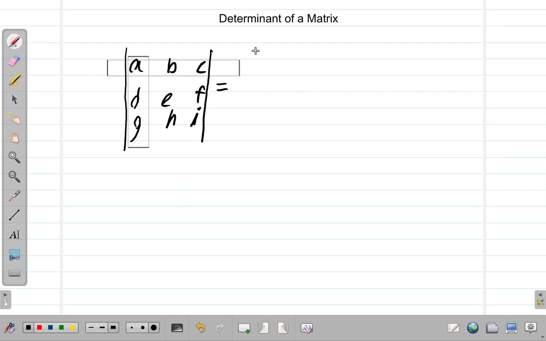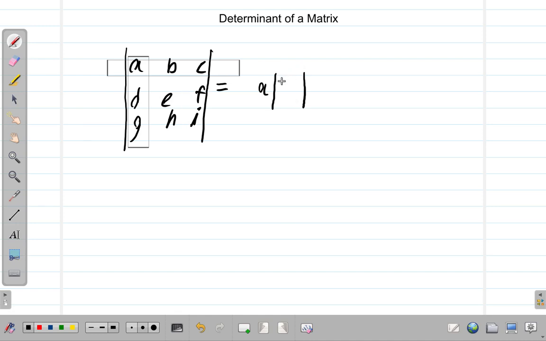So one of the ways of getting the determinant is to have a multiplied by the determinant of the elements not covered by the rectangles, e, f, h, and i. So it's a multiplied by the determinant with the elements e, f, h, i.